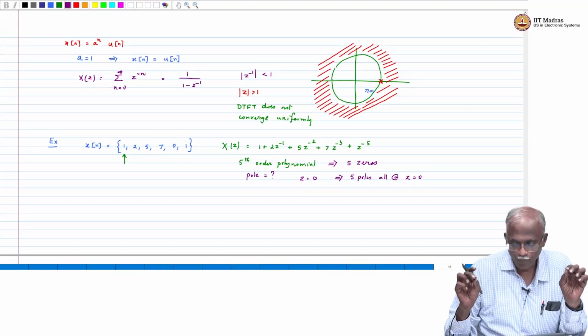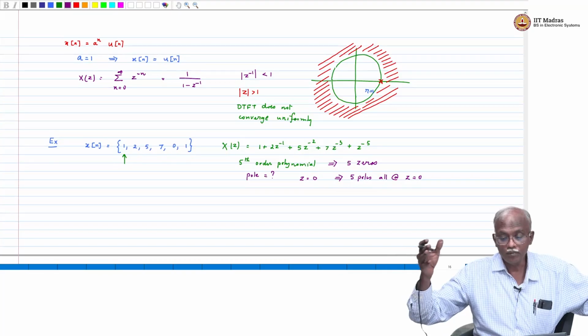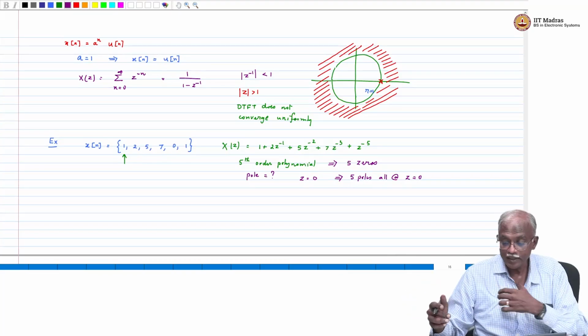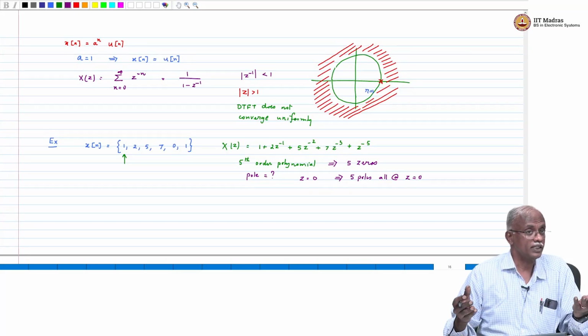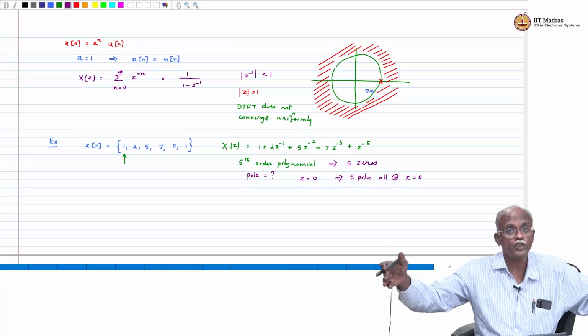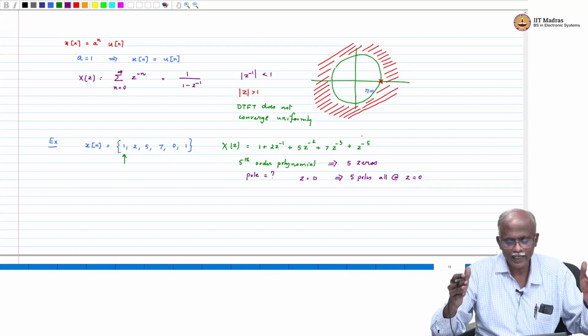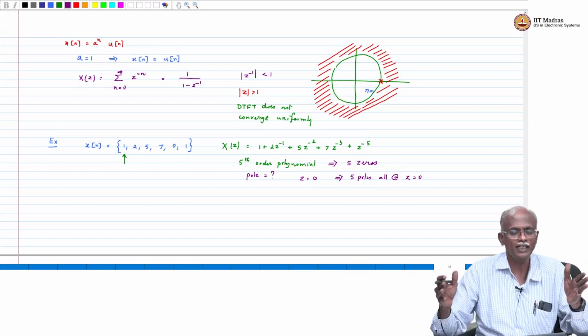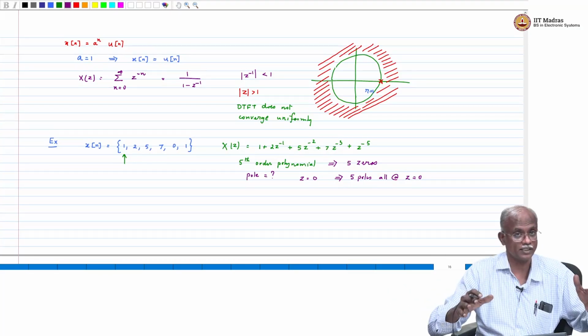Very important, when you look at a finite length sequence, the question is, will the Z transform exist? The condition for the Z transform is that the sequence must be bounded, and therefore, for any finite length sequence we can safely say that the Z transform will exist.